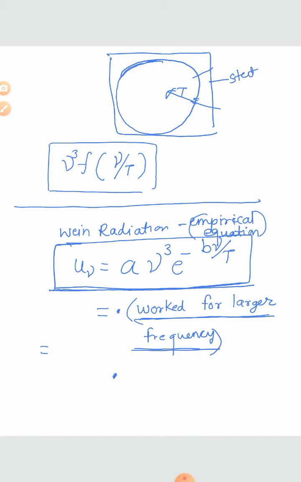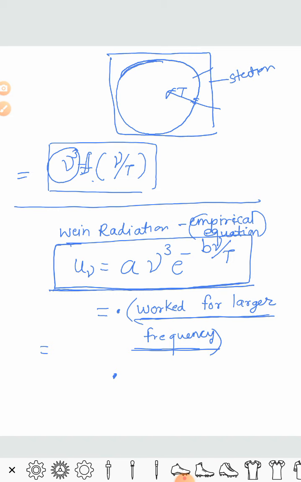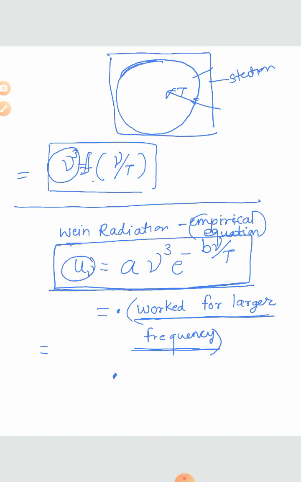Those stationary waves create the equilibrium temperature, and the function of that energy will be proportional to nu square, nu cube, and a function of nu by T. So Wien's radiation law was the empirical equation, u nu equal to a constant times nu cube times e raised to power minus b nu by T.